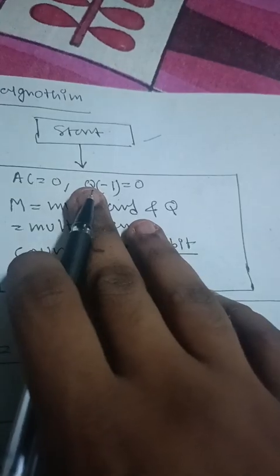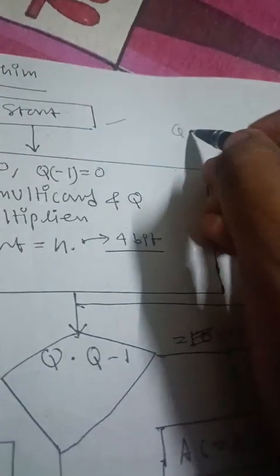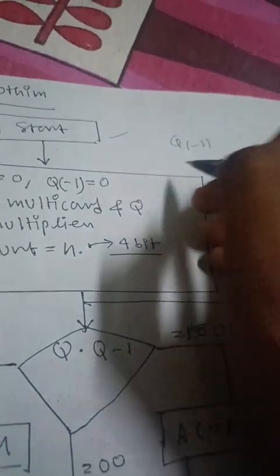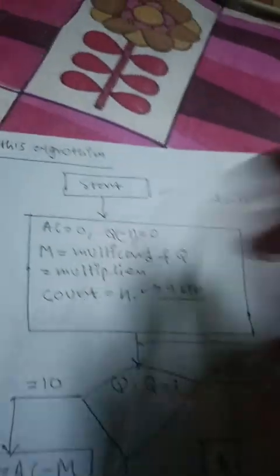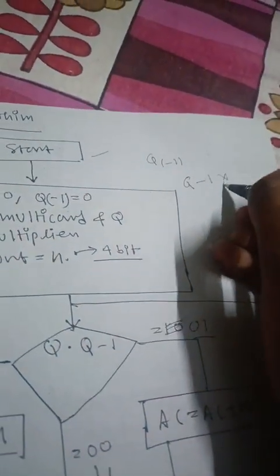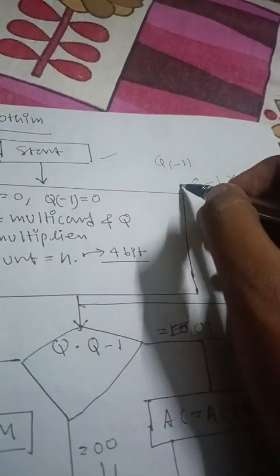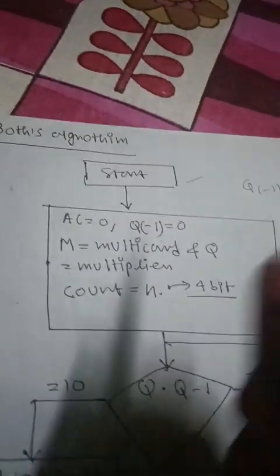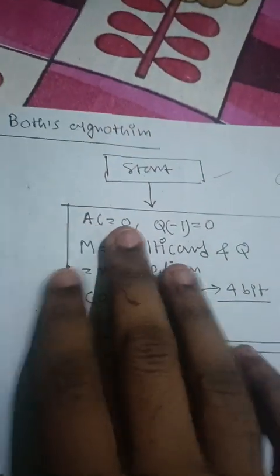First is AC, the accumulator, then Q, and Q with subscript -1. It's not Q minus, it's Q with -1 down there. So Q -1 equals 0. You have to remember these two initializations: AC is 0 and Q -1 is 0.